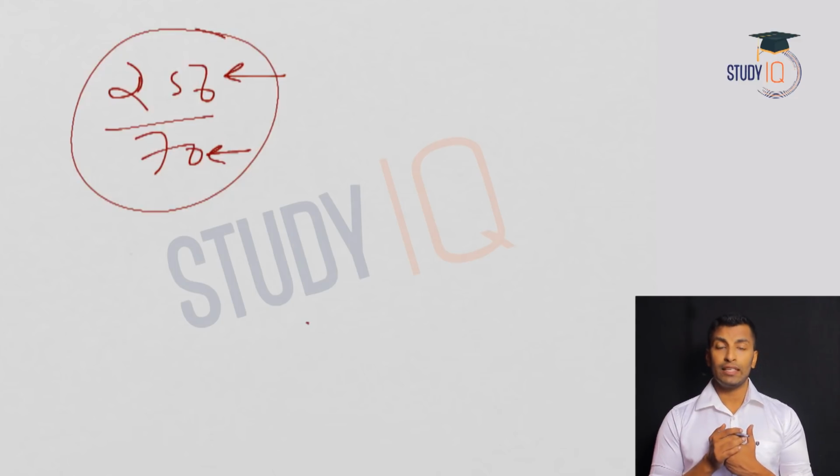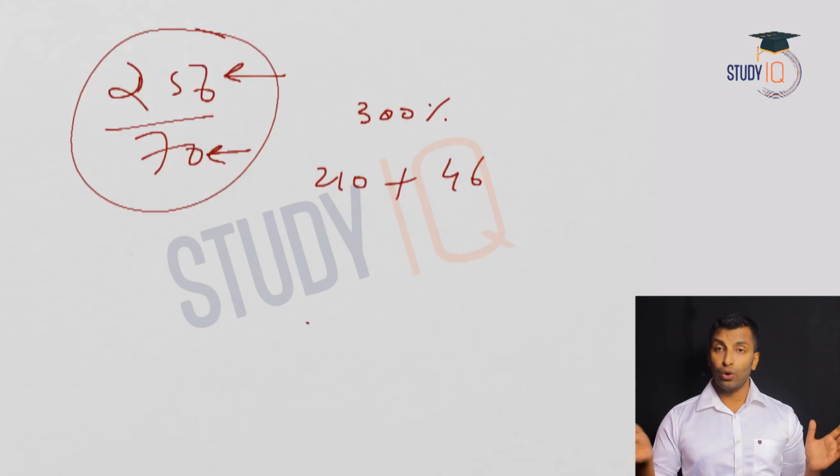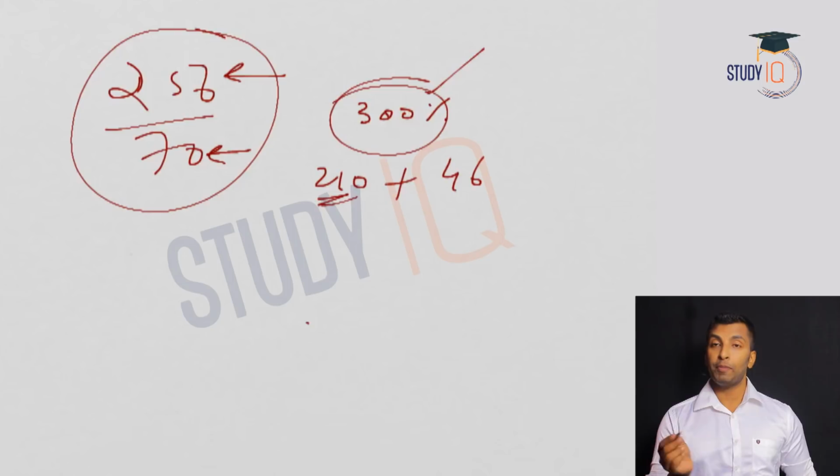If you divide 256 by 70, you get 3, so you can remove 300%. 100% is 70, so 300% means 210. You can write it as 210 plus 46. With 210 itself, 300% is over, so I know this is going to be greater than 300%.